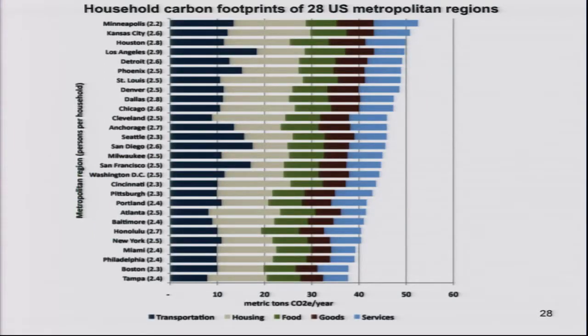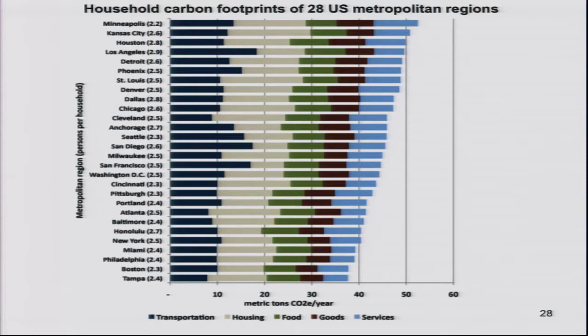We also looked at the carbon footprints of different cities. We looked at 28 different cities in the US, and this is from a paper that Dan Kammen and I just published in ES&T. We're very happy about. And really the important part here is that, again, the composition of those carbon footprints really varies pretty dramatically.